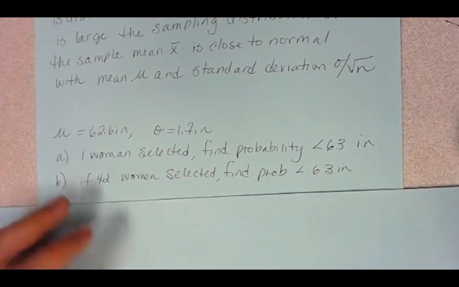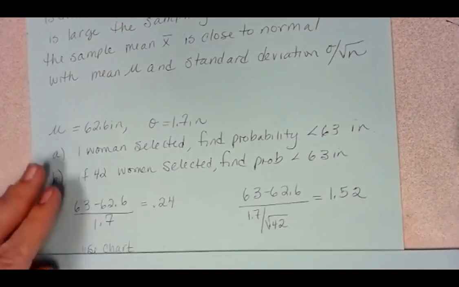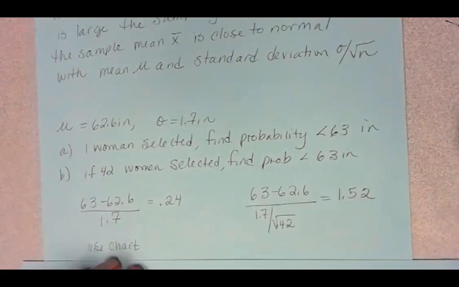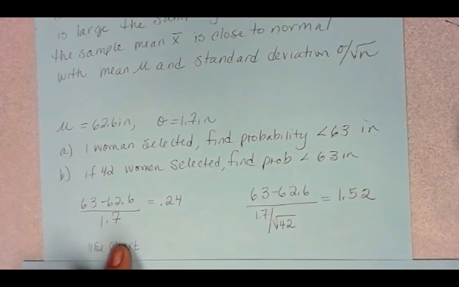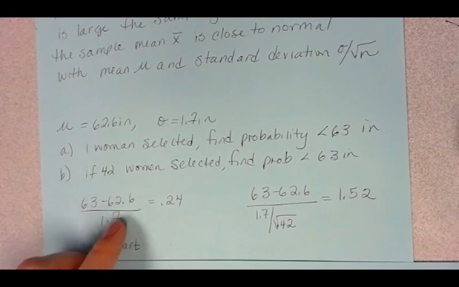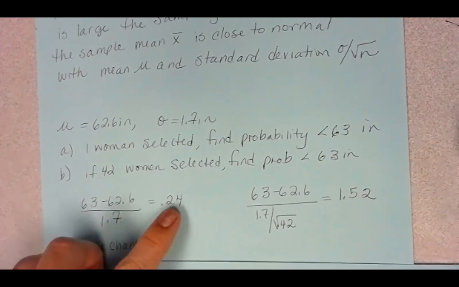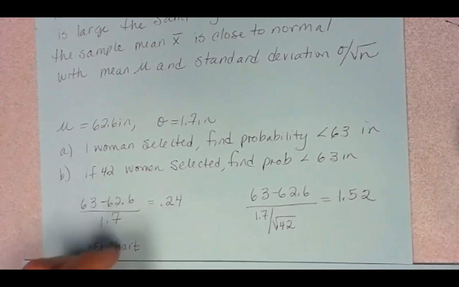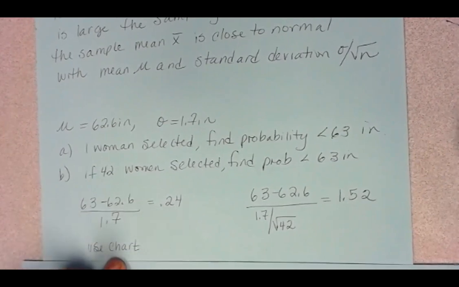So let's look at part A. Part A is here on the left. No different than what you did in the previous sections. Take X, subtract the mean, divide by sigma. Okay, that's going to give you your Z value, and then you can use your chart.